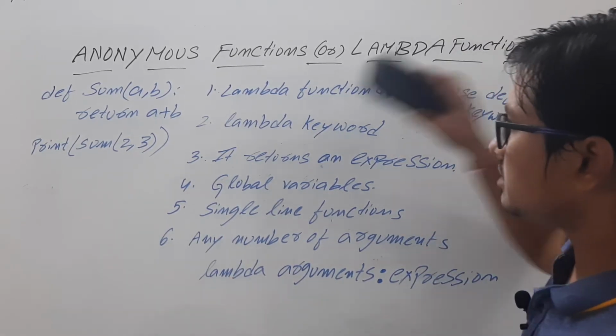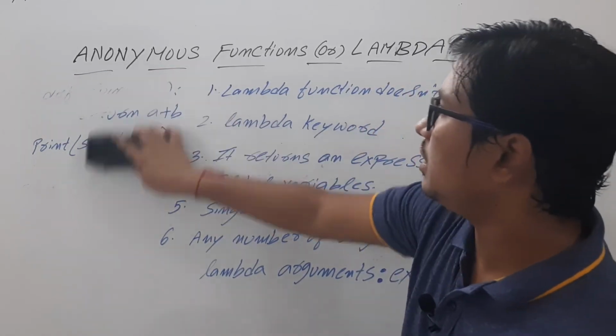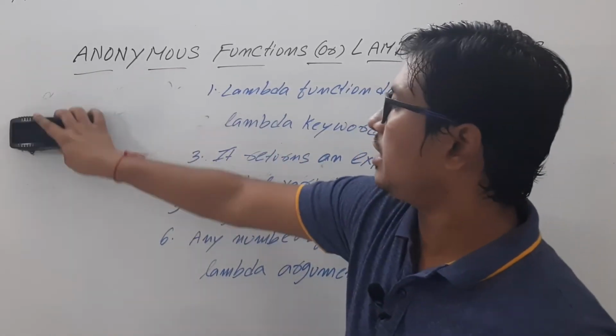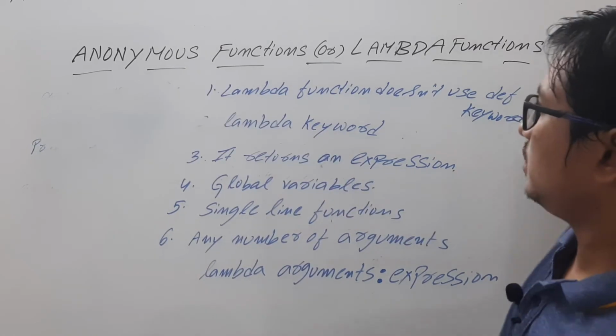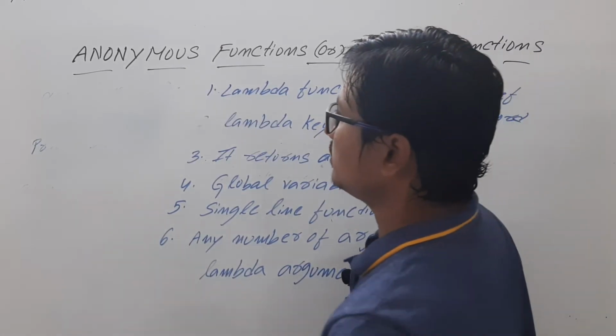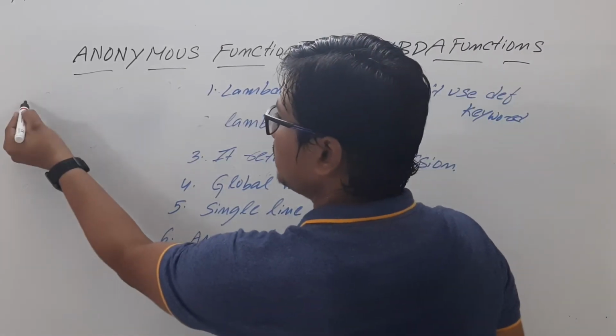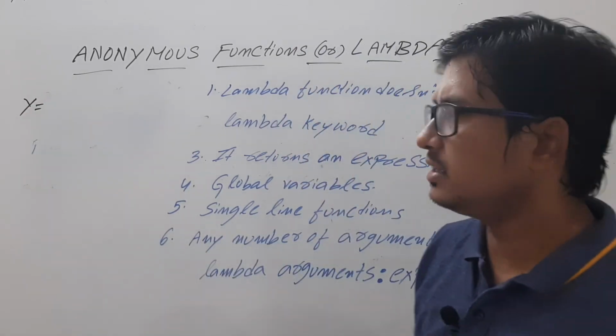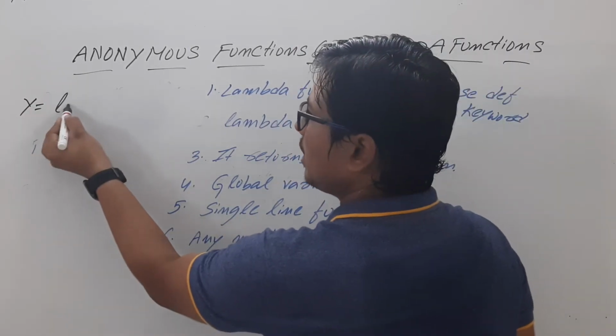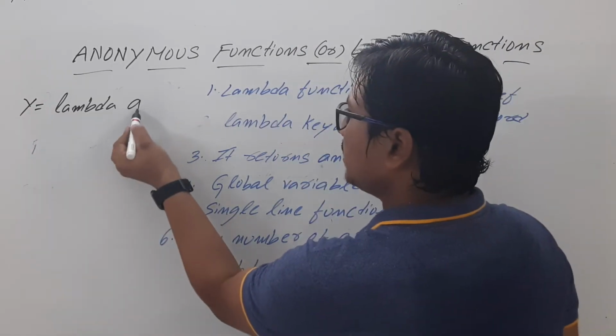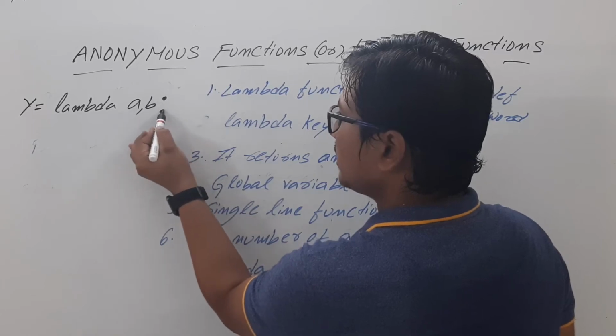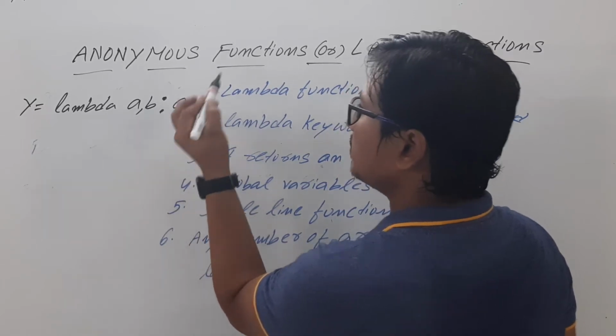Now let me write the same program using the lambda function or the anonymous functions. I will write a variable y is equal to lambda a comma b, which are the arguments, and the expression is a plus b.